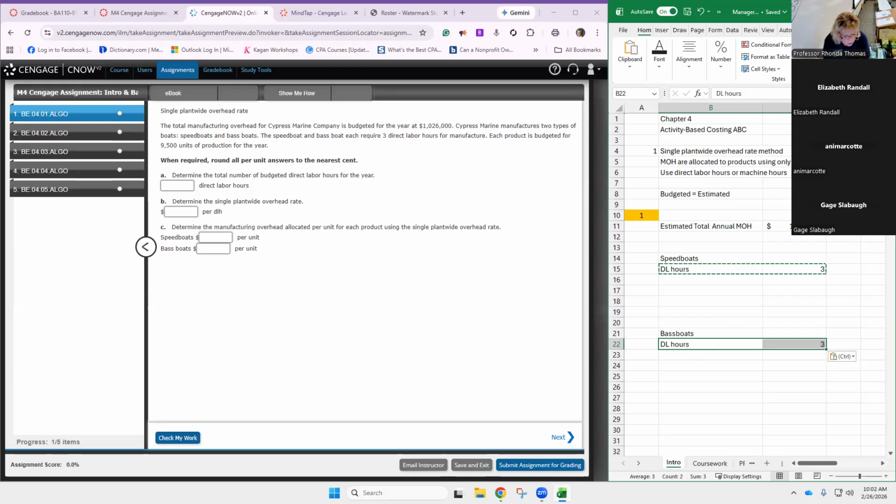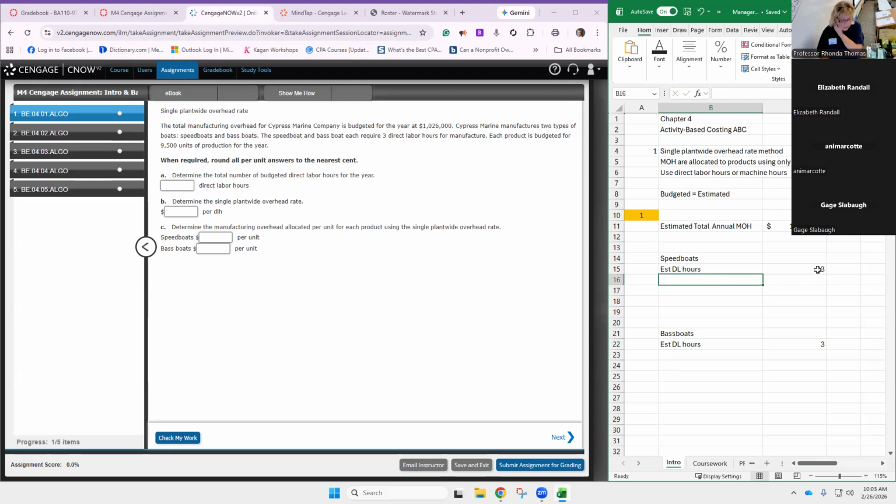It says determine the total number of budgeted direct labor hours for the year. Now, believe it or not, these hours are also estimated. Budgeted and estimated. So I'm going to put that trusty word estimated, so you know that's different, right?